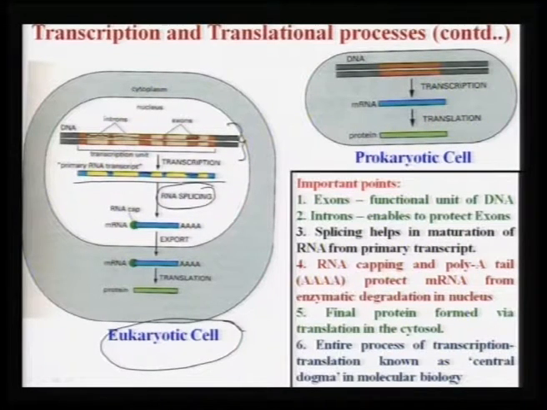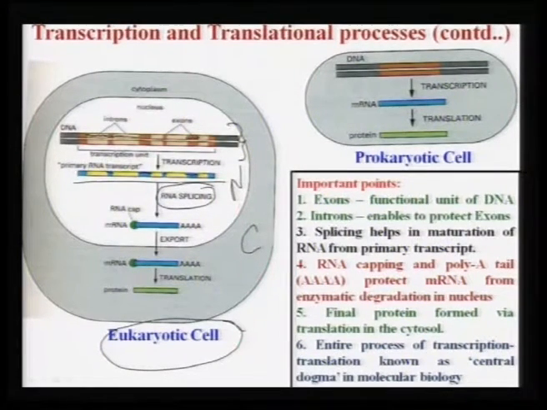In the case of eukaryotic cells, your transcription process, everything is completed within the nucleus itself. Okay. So, this is your capital N, this is your capital C, N stands for nucleus, C stands for cytoplasm. Now, the translation process occurs outside the nucleus in the cytoplasm, and there the protein is ultimately synthesized.